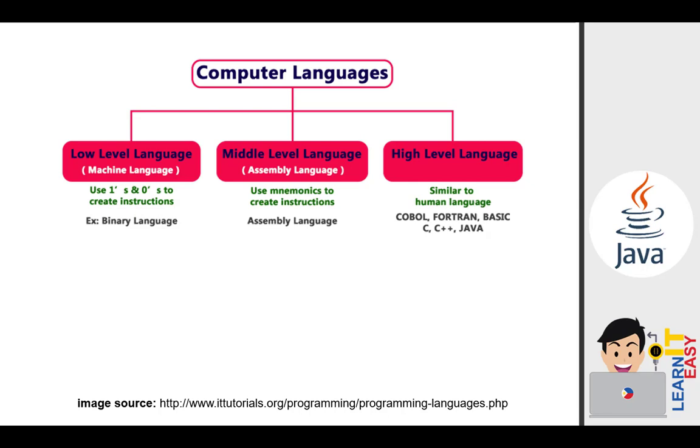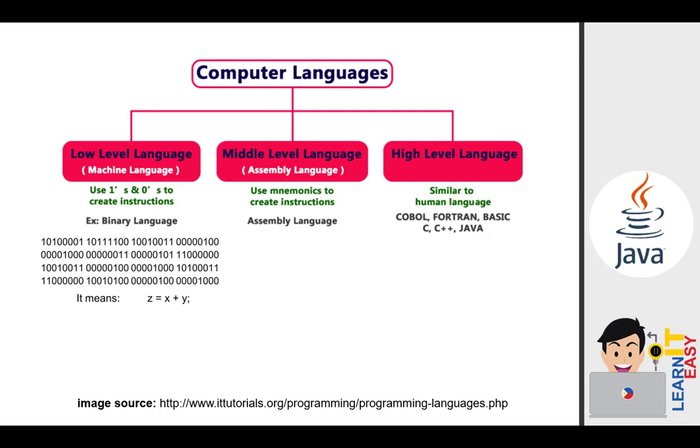In low level, no translation is needed for the computer to understand the given instructions, since the language used is already in the machine's native language. A good example of machine language is this.